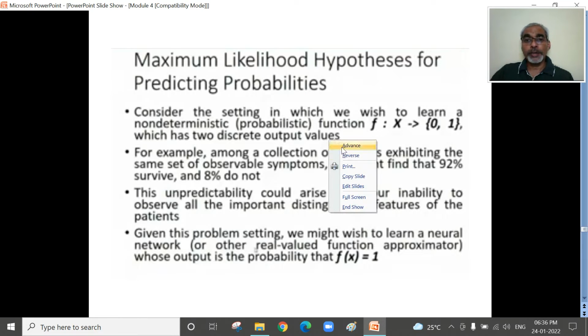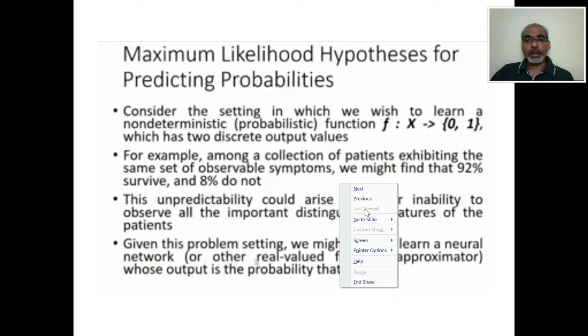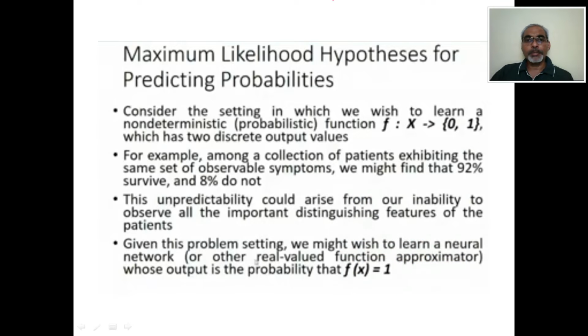So if we consider examples where we are talking about a non-deterministic probability function f, that is a function from x. What is x? The set of all data samples you are having.